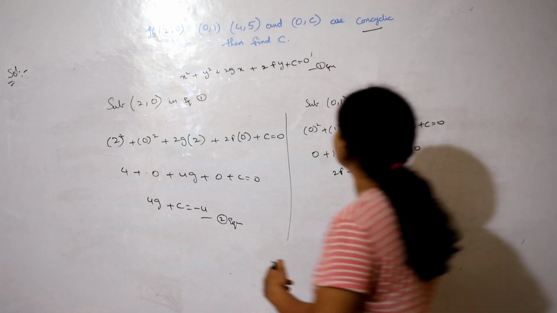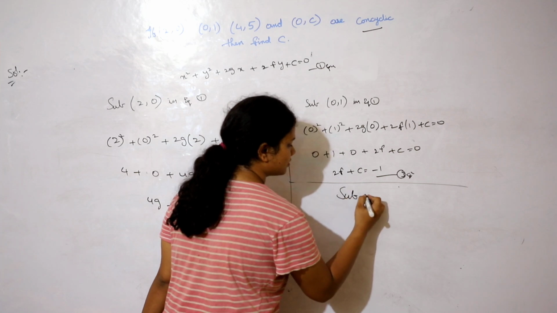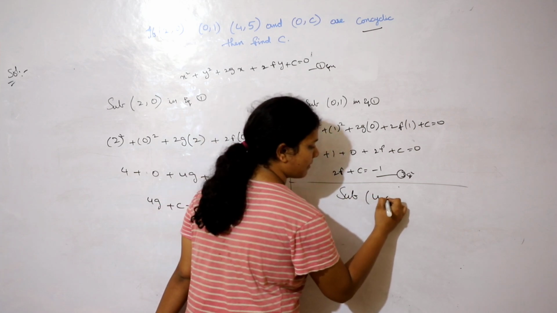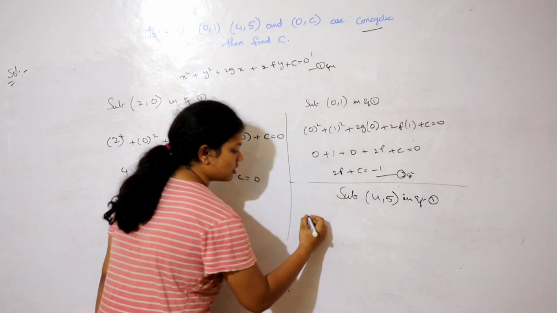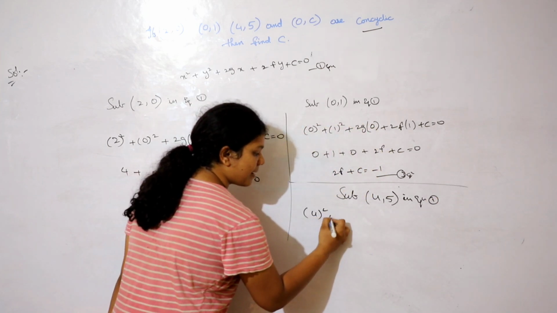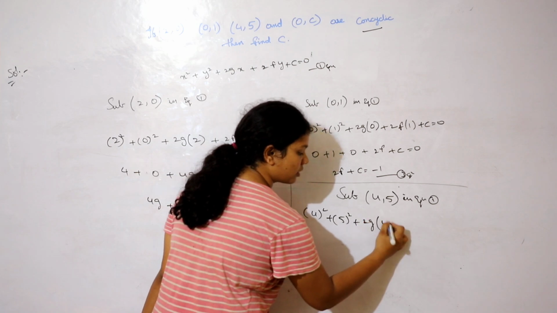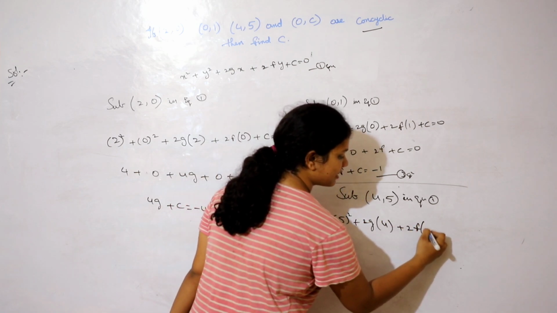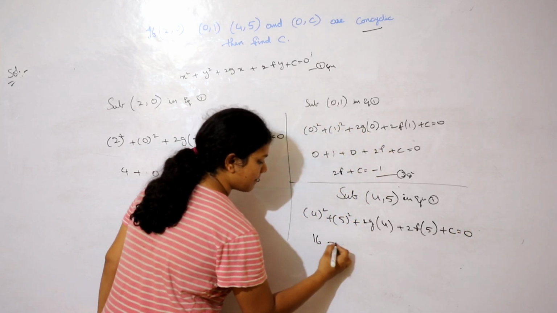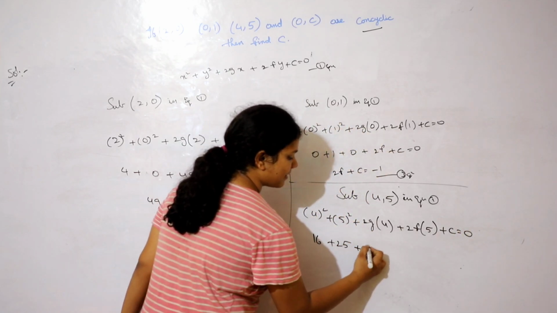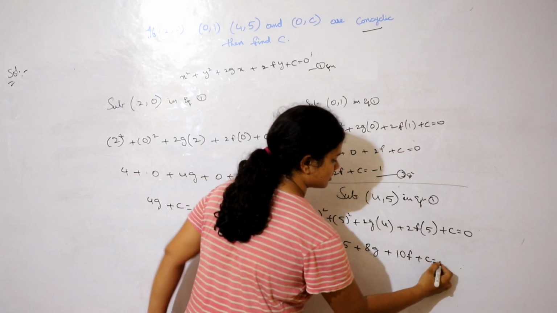And now let's go again. Substitute (4, 5) in equation 1. So this becomes 4 square plus 5 square plus 2g times 4 plus 2f times 5 plus c equals to 0. That is 16 plus 25 plus 8g plus 10f plus c equal to 0.